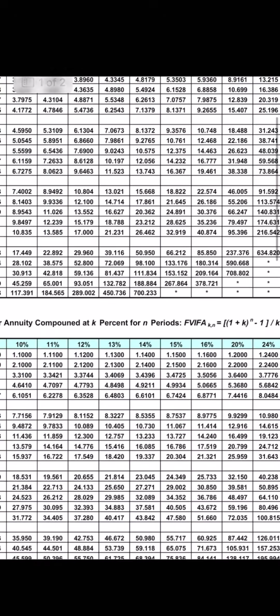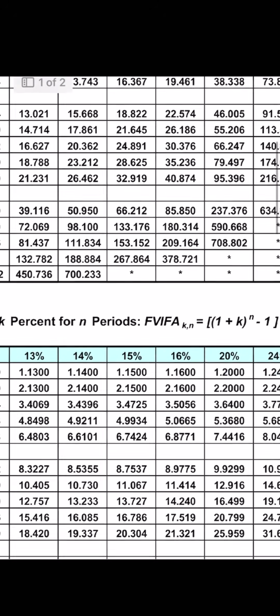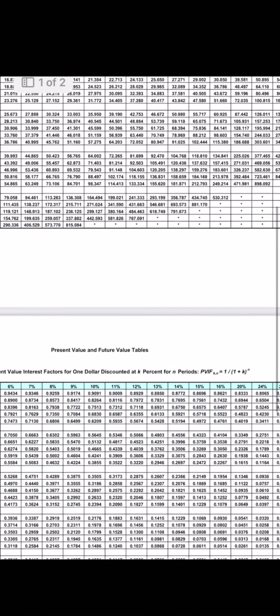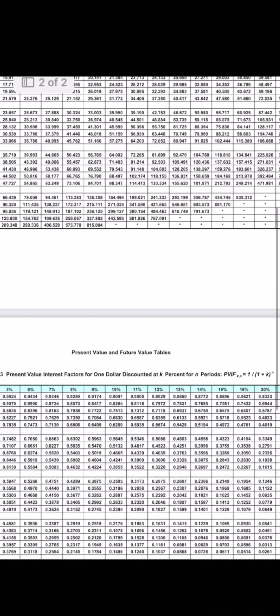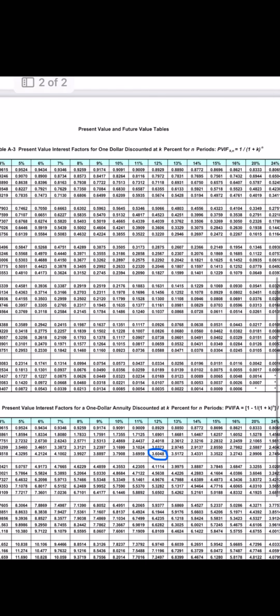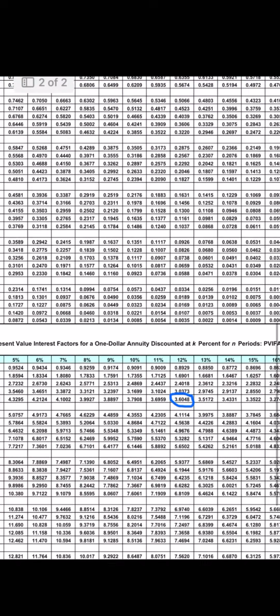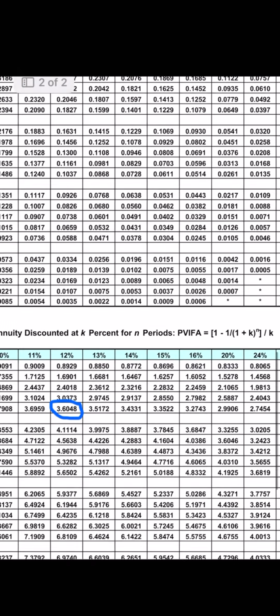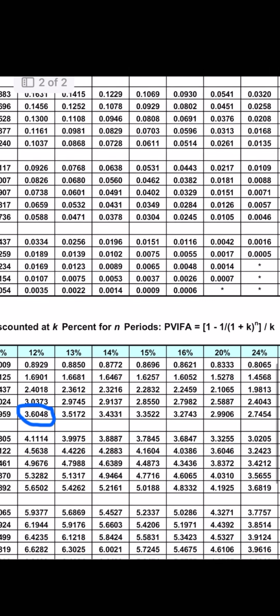A2 has future value interest factor annuity. That's not the one we are looking for. We can go to table A3. Table A3 has present value interest factor. That's not what we are looking for. Then we go to table A4. Table A4 has present value interest factor annuity. So this is the one that we are looking for.